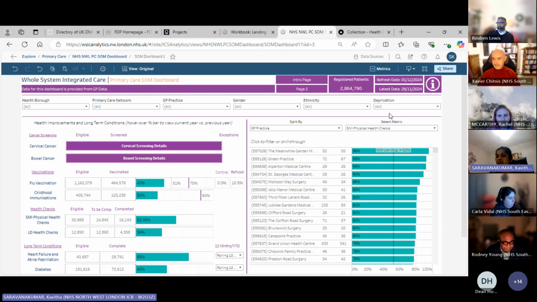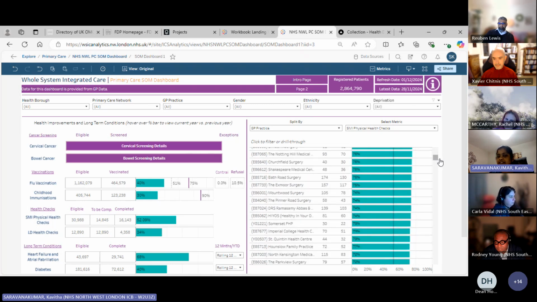So if I leave it as SMI health check, you'll be able to see how all of the practices are doing against the SMI health check. So it will start rating top to bottom, and you can see what the Northwest London average is and how each of these practices are doing. Clearly, there's a demo site, so just take it with a pinch of salt in terms of all of the values. It's slightly scrambled.